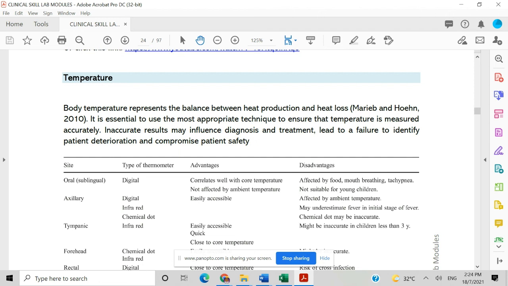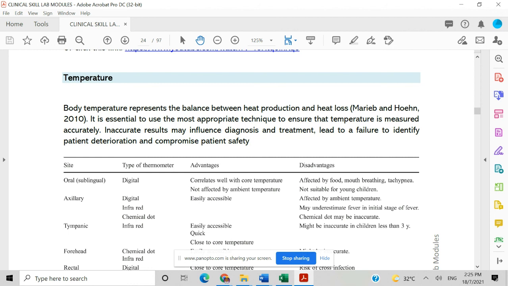Do the root canal, do the pulpectomy, perhaps, to remove the source of infection without giving antibiotic. So I'm talking about the local infection, right? If it is a systemic infection, the patient will show some signs, especially the raised temperature. So you take temperature for a patient you suspect has an infection.